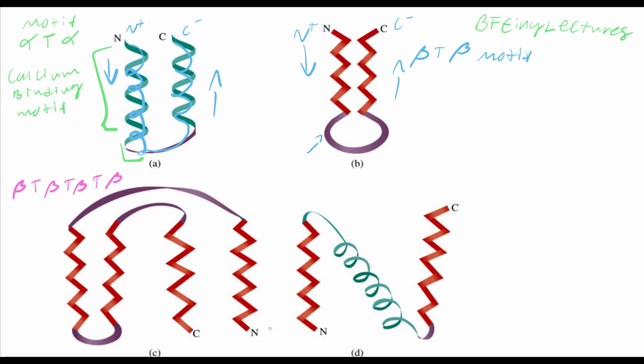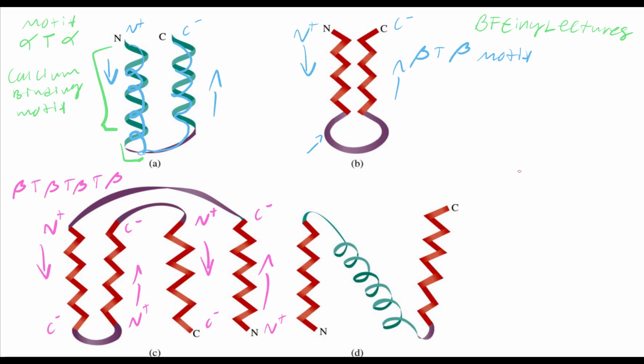And we go from N positive, it's going to be C negative. We go down here, that's going to be N positive, C negative, N positive, C negative, and N positive, C negative. Okay, so we go up, down, up, and down, right? So looking at that, that is going to be anti-parallel. Very, very nice, okay?